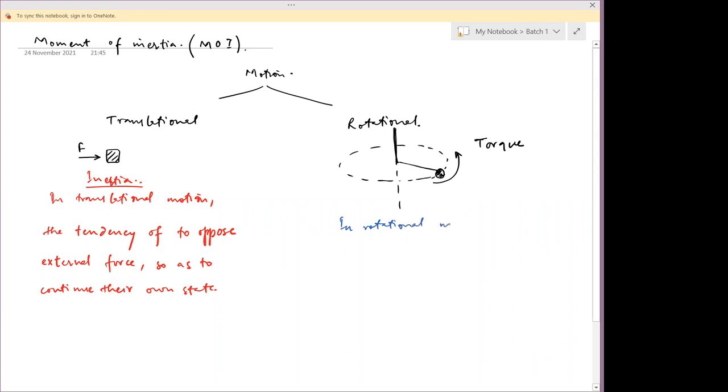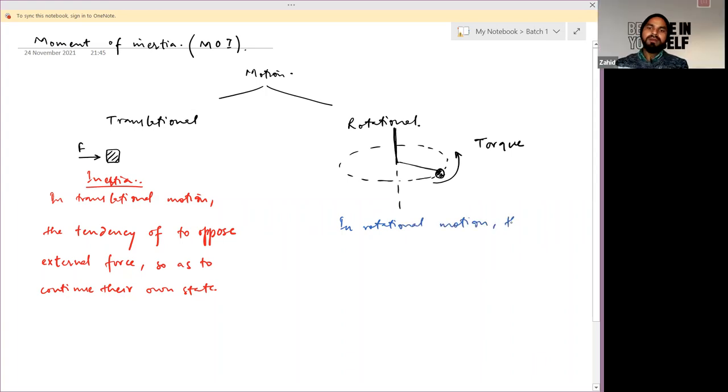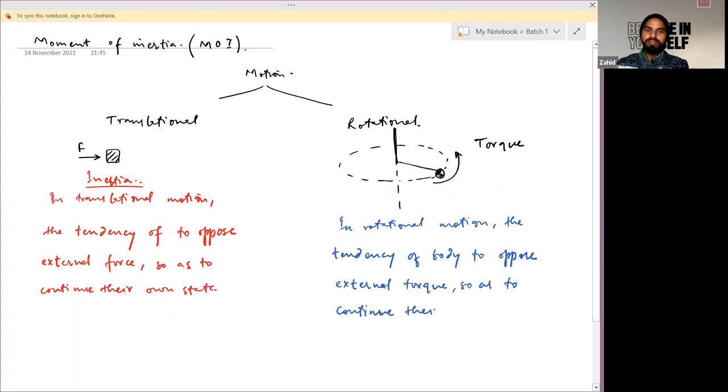So in rotational motion, the tendency of body to oppose external torque so as to continue their own state is called moment of inertia.